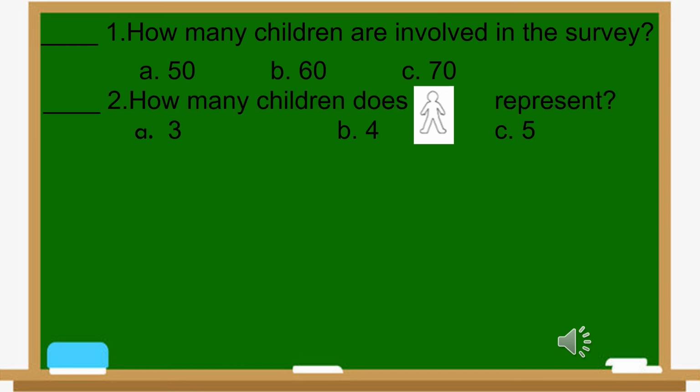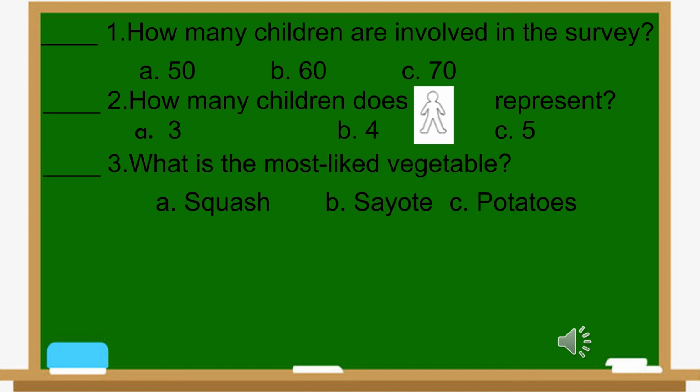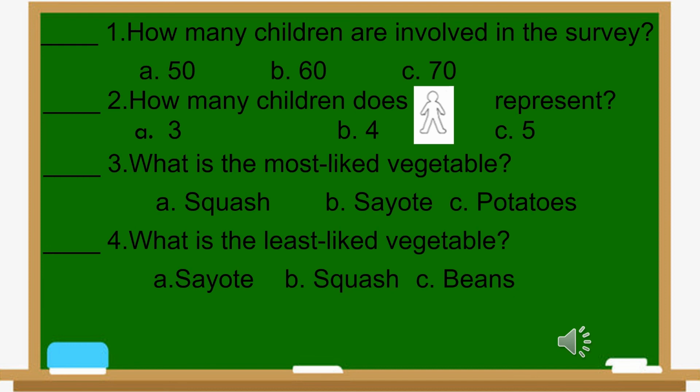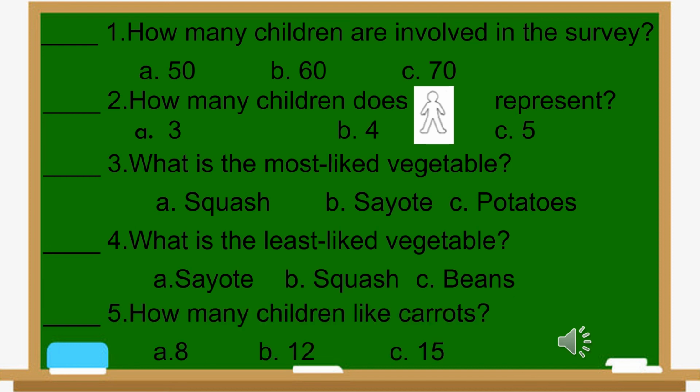Number 2, how many children does each learner represent? Number 3, what is the most liked vegetable? Number 4, what is the least liked vegetable? And number 5, how many children like carrots? Answer these on your paper and submit next meeting.